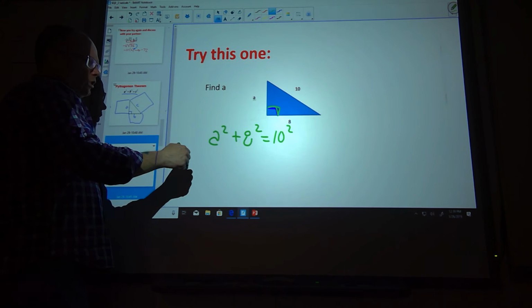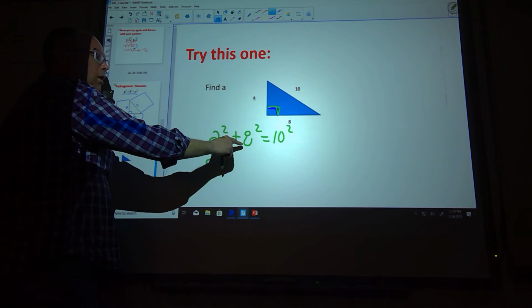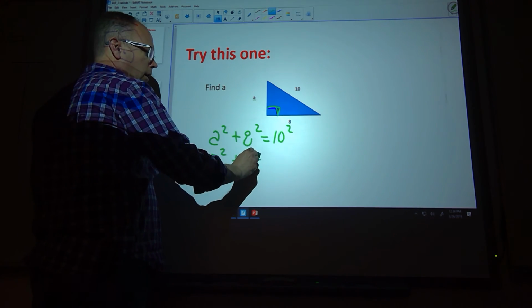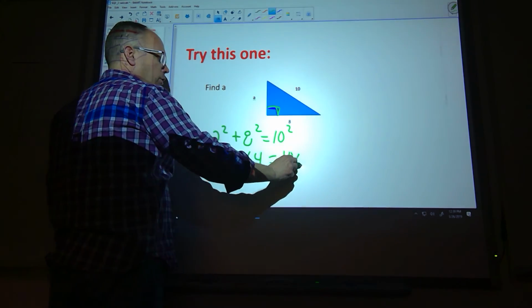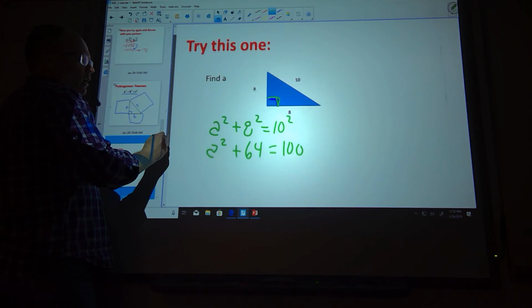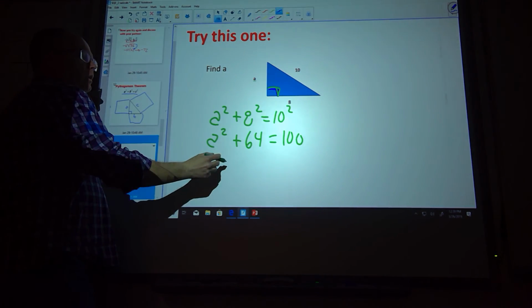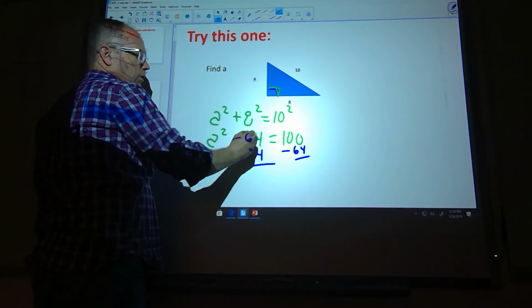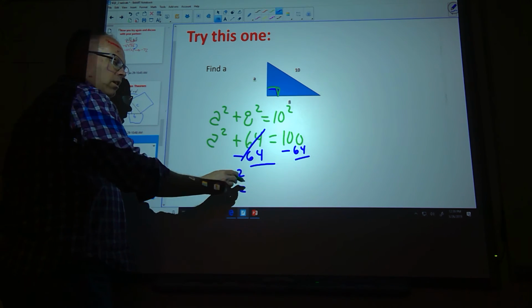So let's use a little algebra. A squared, I don't know what that is. I'm going to have to figure that out. What is 8 squared? 64. What is 10 squared? 100. So then, Algebra 1. Subtract 64 from both sides. So those cancel. So I get a squared is equal to 36.